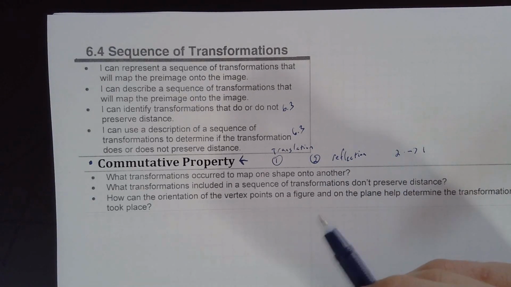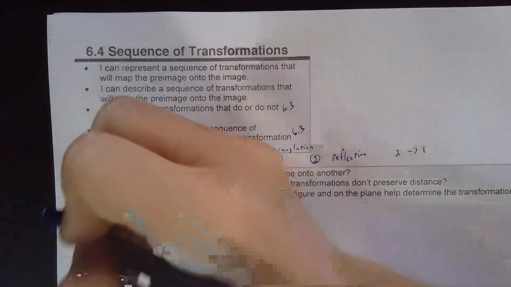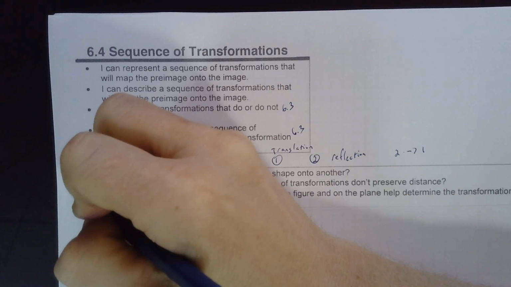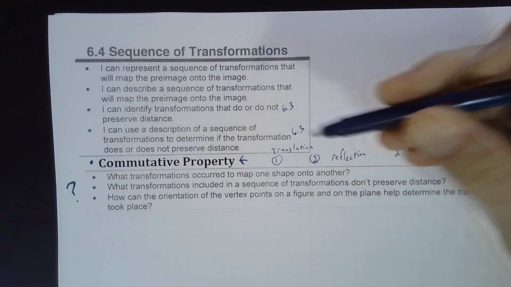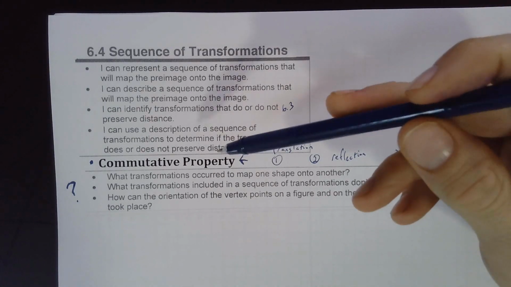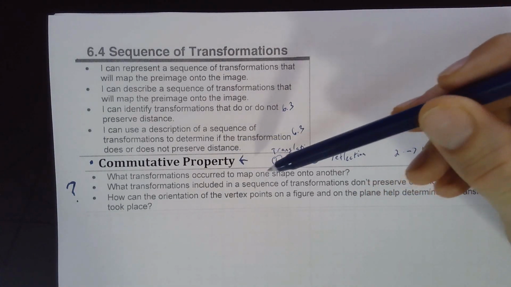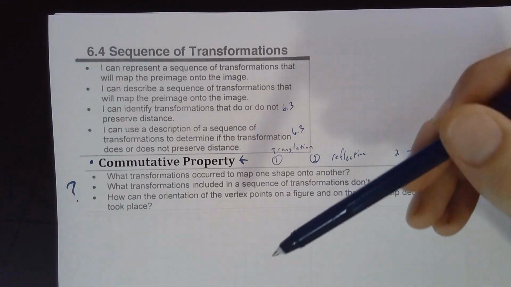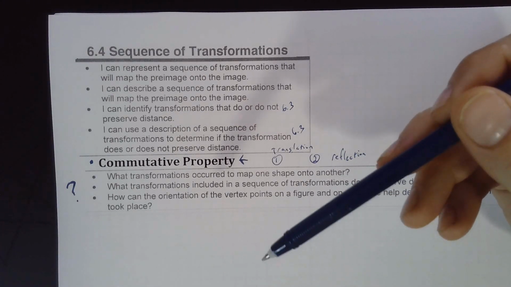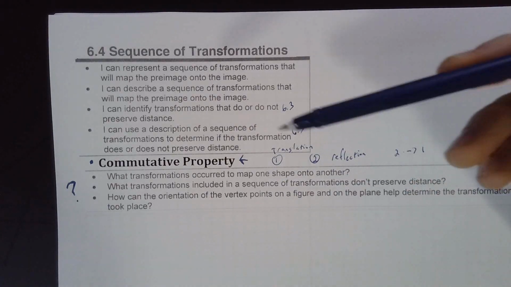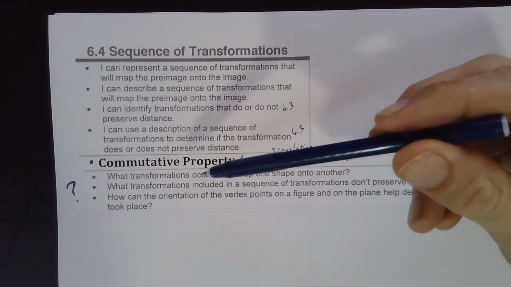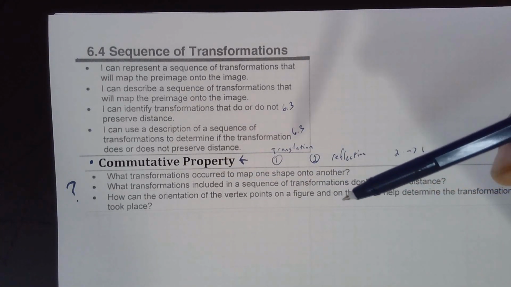Okay, and then some major questions that we're going to try to answer, or that you should be thinking of during all this, is what transformations occurred to map one shape on top of the other. Remember, mapping is like if I just transpose one shape on top of the other. What transformations include a sequence of transformations that didn't preserve distance?